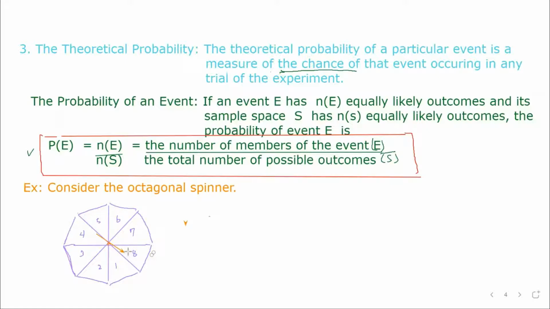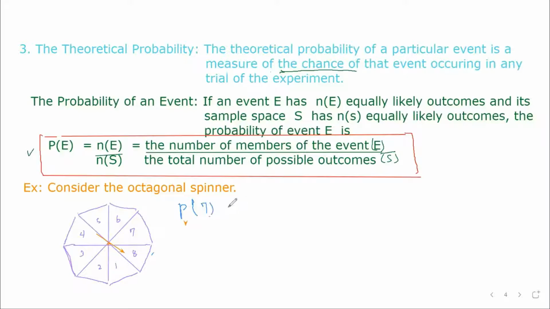Say we want to find the probability, the chance of it happening, for number 7, for example.